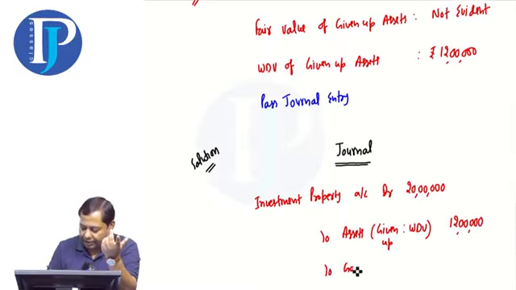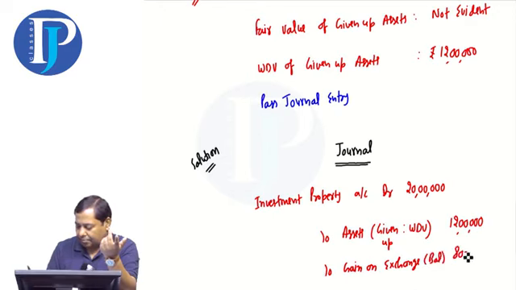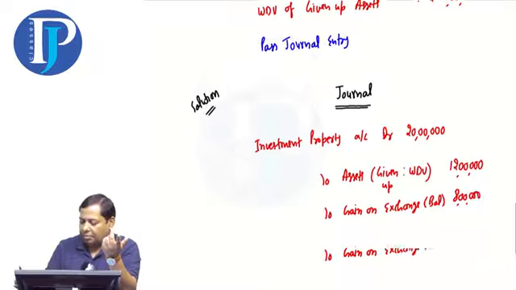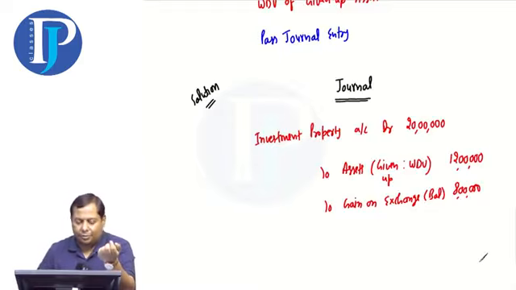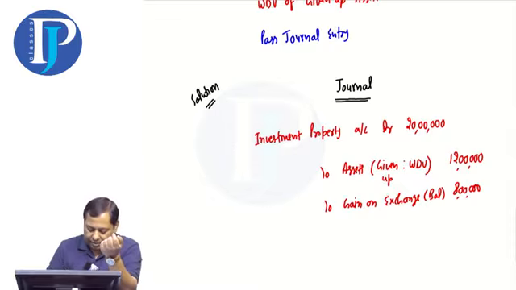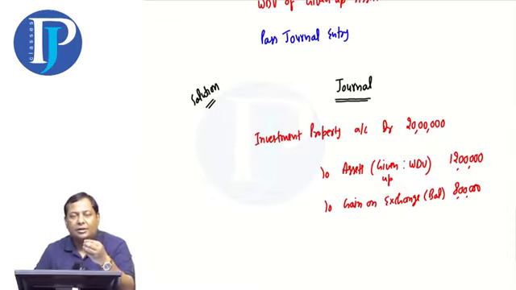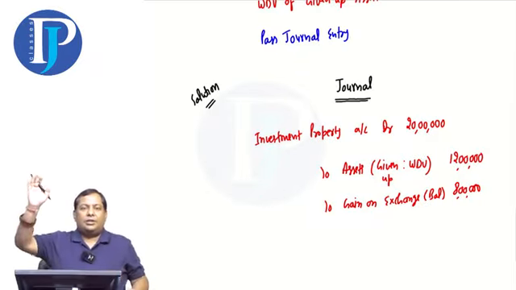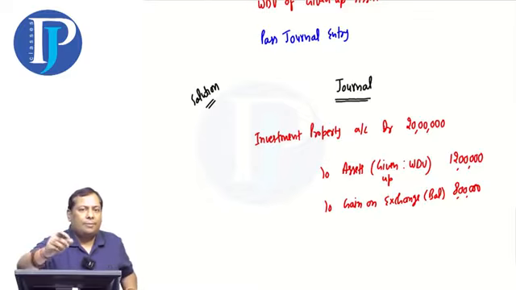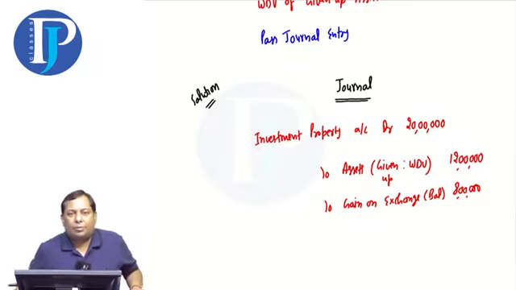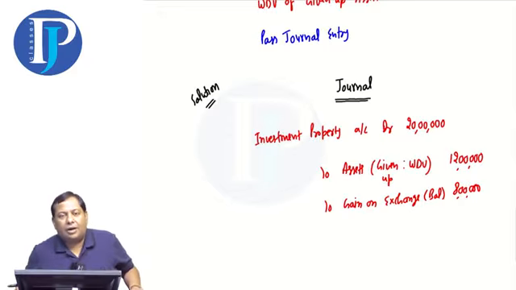The difference of this becomes the gain. If an asset of 12 lakh is replaced by one of 20 lakh, there will be a profit. So profit will be there due to this exchange. We have never seen any profit on purchase of an asset. We have been learning since 11th grade that there is profit or loss on sales and the purchase is at cost. So we can know that it's Ind AS, and according to ICAI study material, there can be a gain in a purchase.